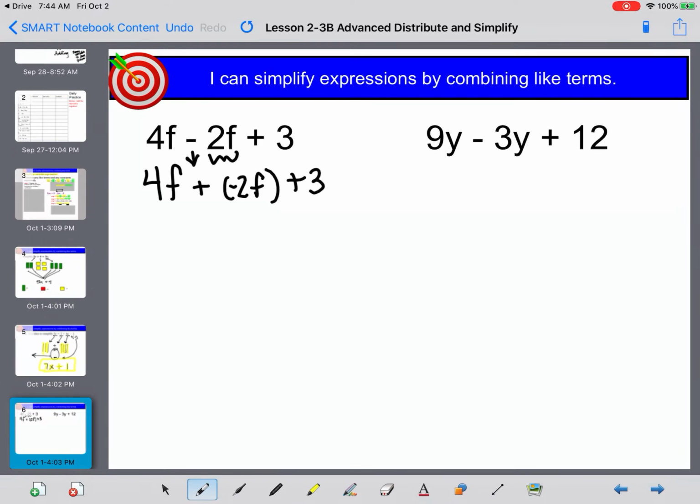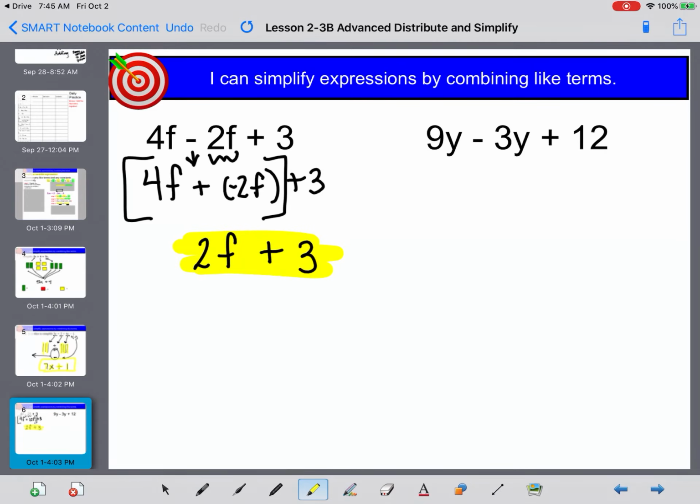The next step is to put the like terms by each other using the commutative property. Well, I see that they're already by each other. 4f, now I can go right into the associative property that allows me to group these. 4f minus 2f is 2f plus 3. And I don't have anything else to combine, so that's my answer.